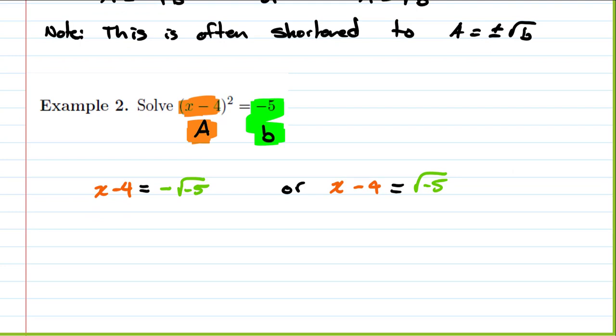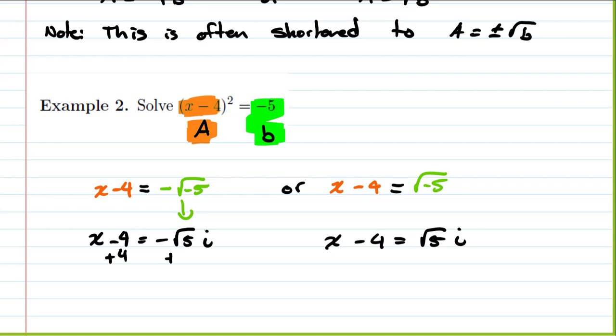So thinking back to last time when we did complex numbers, if we have a negative underneath the radical, when this simplifies, it simplifies to an i, so we get the negative square root of 5 times i, equals x minus 4. And on this side, we get the same thing, but the positive square root of 5i.